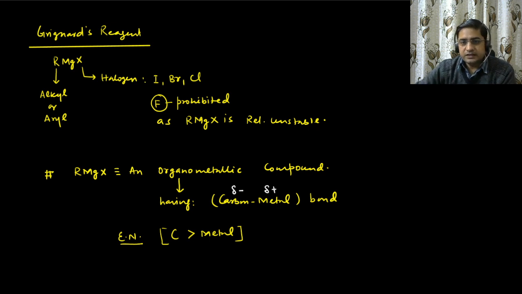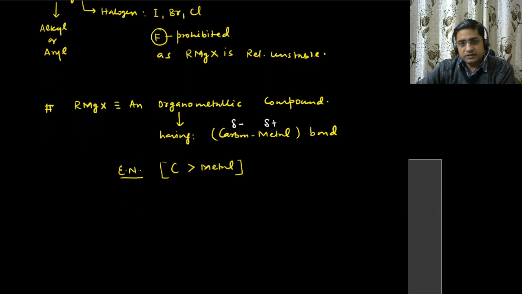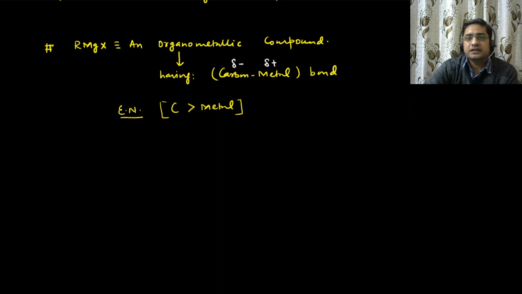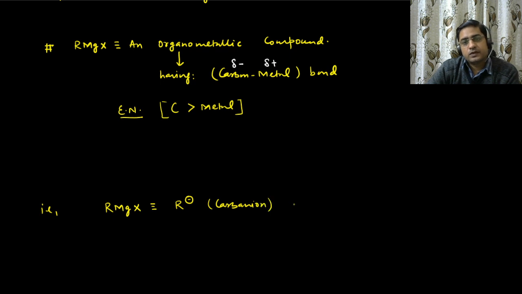So we can say that the Grignard reagent acts as an R minus or carbanion donor in reactions.